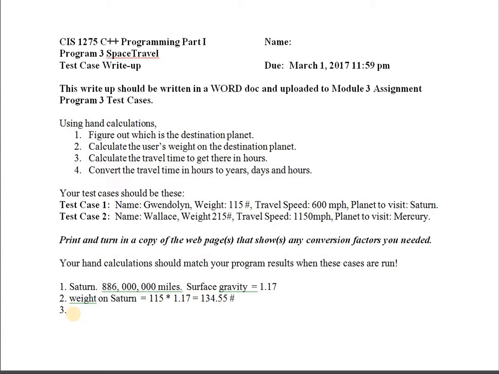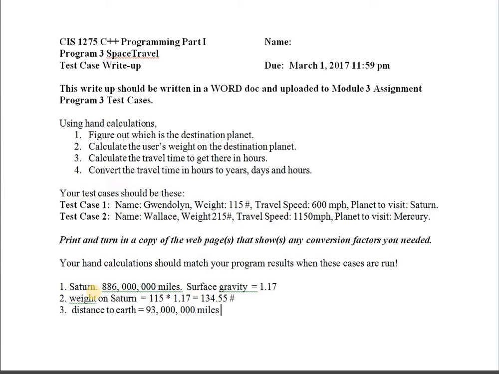Now the travel time is going to be the travel distance divided by the speed of travel. But first we have to find out the travel distance. We also will need to know the distance to the Earth, and that is 93 million miles.